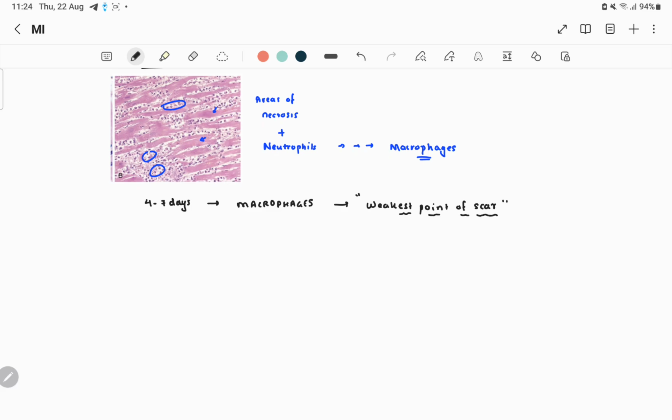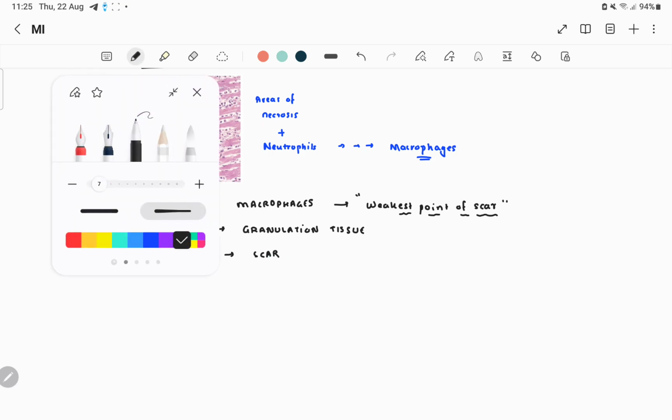Because there is a dearth of tissue, the macrophages will remove all the debris, and at 7 to 10 days you will see something called granulation tissue. And after 10 to 14 days you will see a scar, and this scar will have collagen.